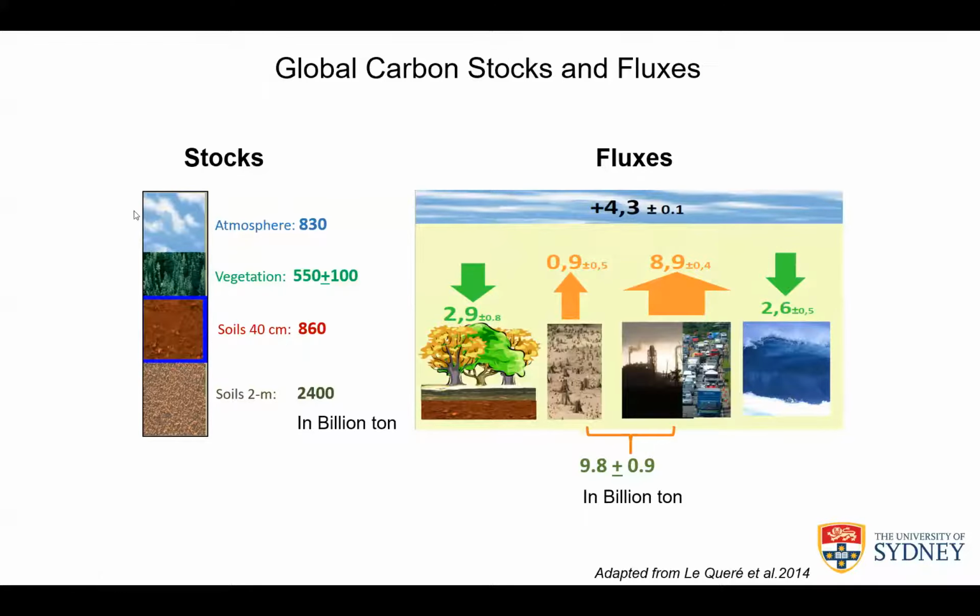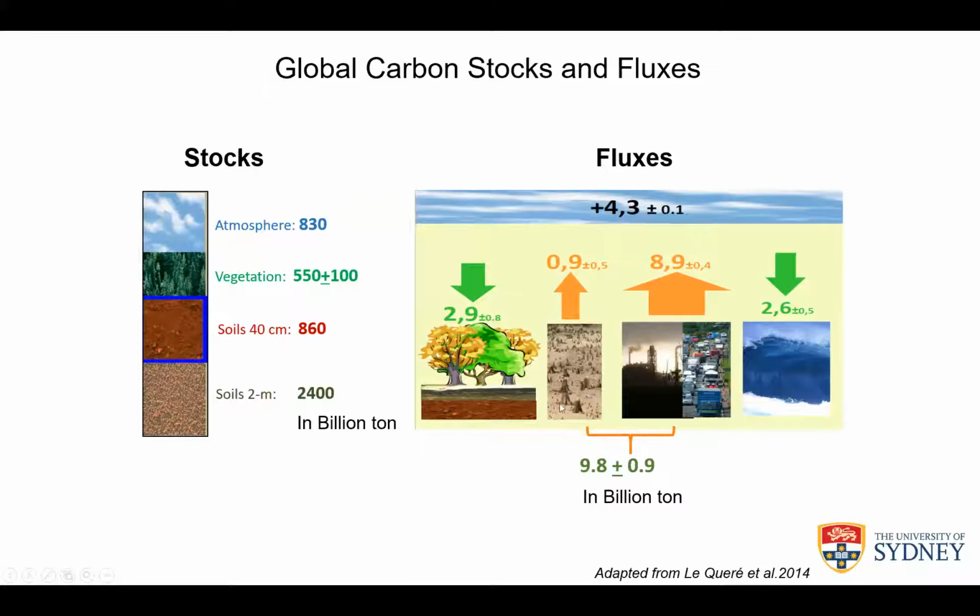But it doesn't always stay there, because there are fluxes going in and out, right? There's carbon that is being absorbed by the plant, which is going to make the plant, but there's also carbon that's being emitted because of industry, the cars and everything. This is around the fluxes every year that is going out in the atmosphere, or going to other places.